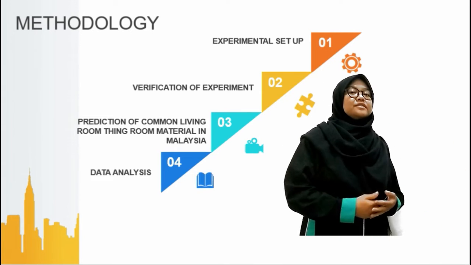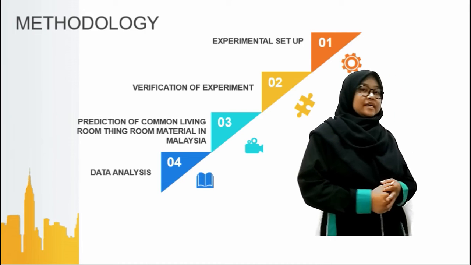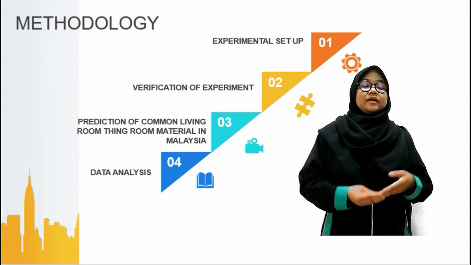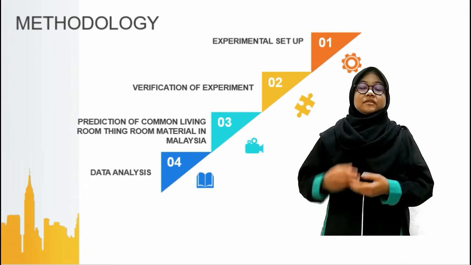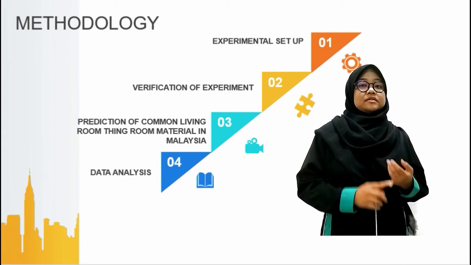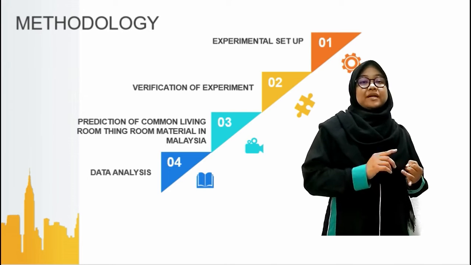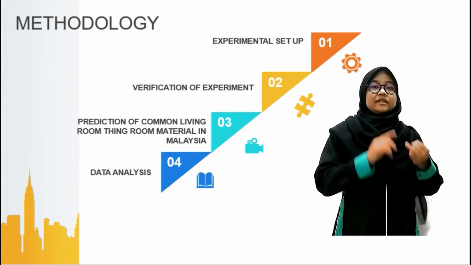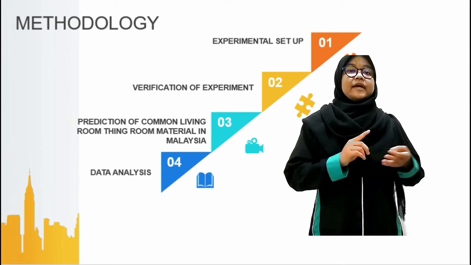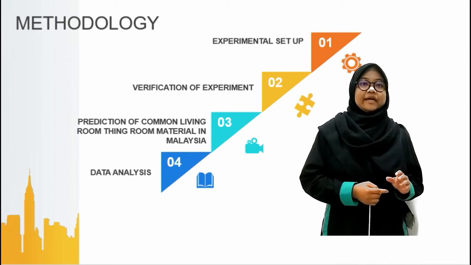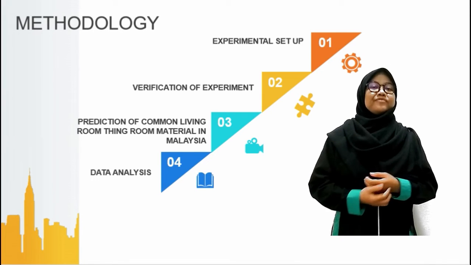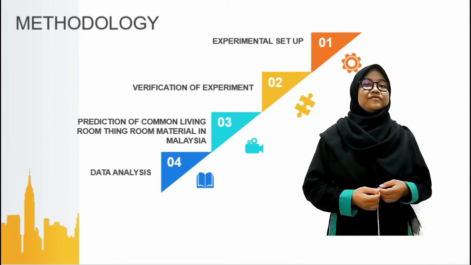Okay, for the methodology, here is the methodology sequence. First, I will do the experimental setup. In the experimental setup, I list all the materials and the apparatus that are going to be used. The materials are things like fabrics or plastics. For the apparatus, I'll use a candle, retort stand, metal box, camera, ruler, stopwatch, and a match to ignite the fire.